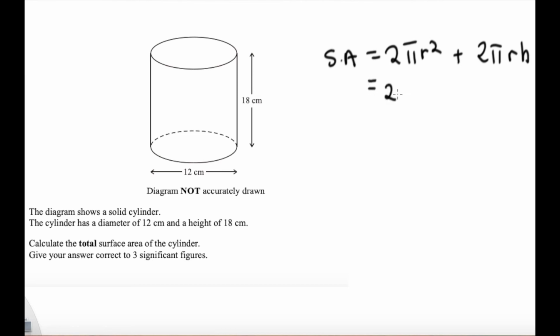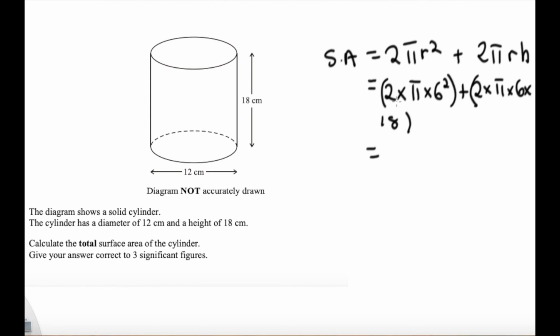So that would be 2 times pi times radius squared. Our diameter is 12 centimeters, so our radius is half of the diameter, which will be 6 centimeters, squared, plus 2 times pi times our radius, we've already known it's 6, times our height, which is 18.